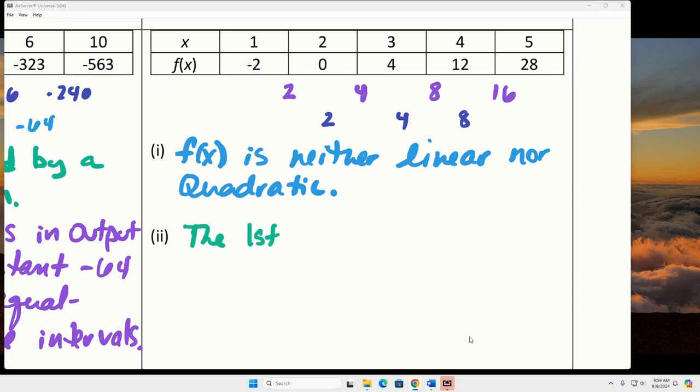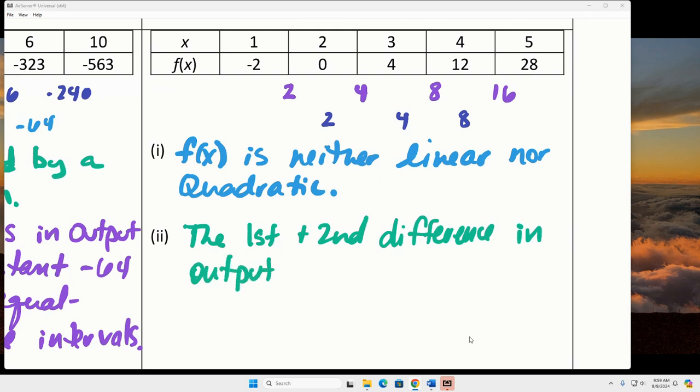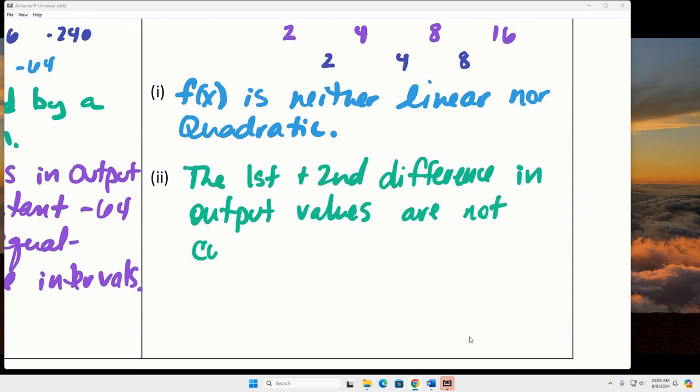So we would say the first and second differences in output values are not constant. Talk about the input values.